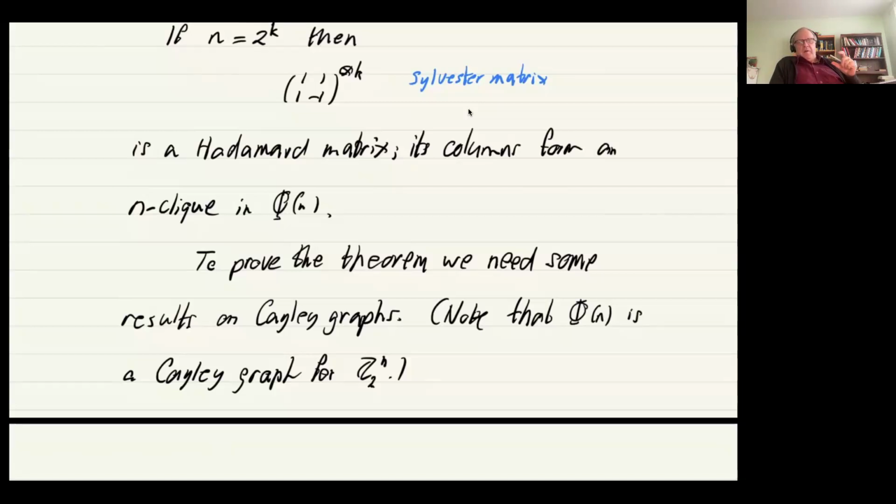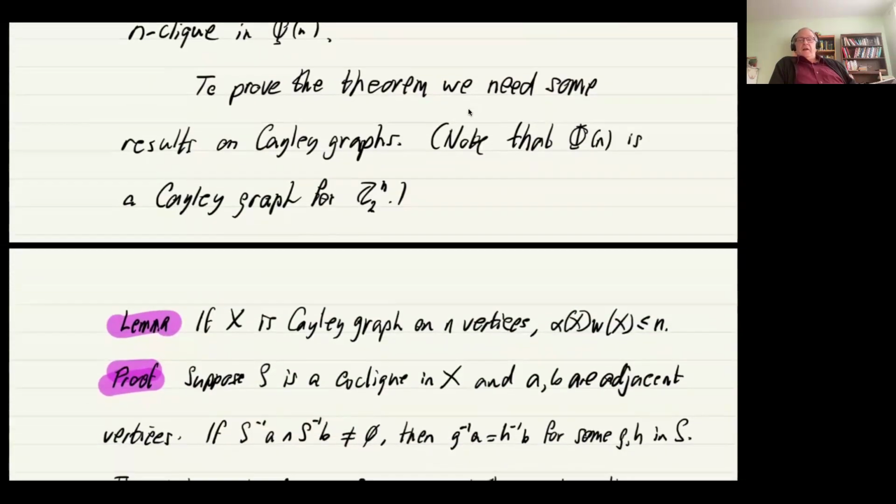That permutation is an automorphism, and that operation preserves orthogonality. If two vectors were orthogonal before you change the sign, they're orthogonal after you change the sign. So that gives you an automorphism of the graph. And so you've got n automorphisms of order 2, and you can show they generate the elementary abelian group of order 2^n, and you can show the whole graph is a Cayley graph for that. So it's not difficult. Well, I shouldn't say those sorts of things, but I don't think it's difficult.